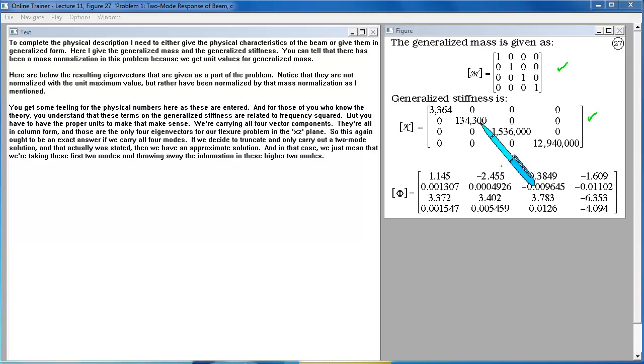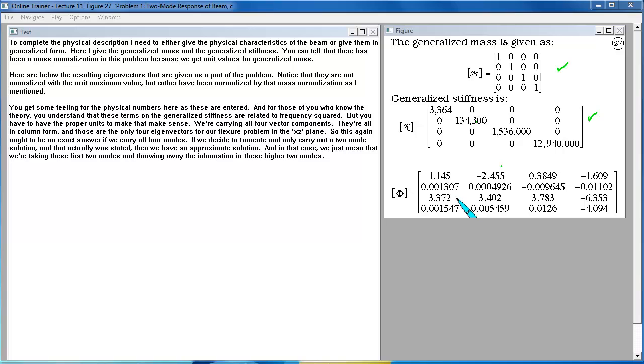And for those of you who know the theory, you understand that these terms on the generalized stiffness are related to frequency squared, but you have to have the proper units to make that make sense. We're carrying all four vector components. They're in column form, and those are the only four eigenvectors for our flexure problem in the xz plane.